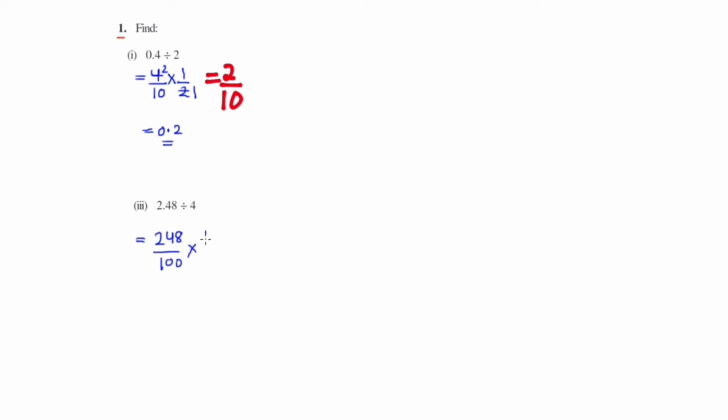What will be the reciprocal of 4? Yes, 1 over 4. Now, if you can see, they have common factors, so we can easily reduce. 62 times 4 is 248. So we have reduced. Now multiplying, we get 62 over 100, which we can easily write as 0.62. Clear how we did this?